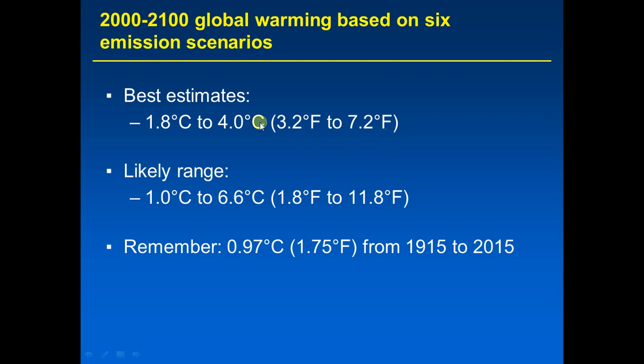Okay? So it's likelier that we'd be at the higher end of this range than the lower end of this range. Not saying that we can't get to here, okay? Or even possibly lower, right?